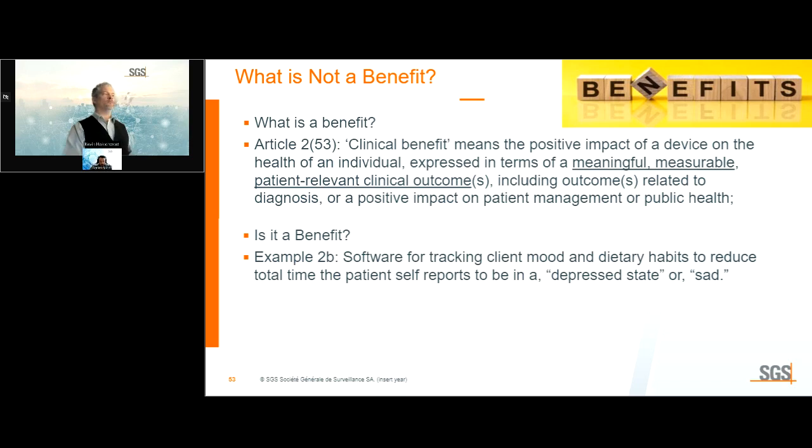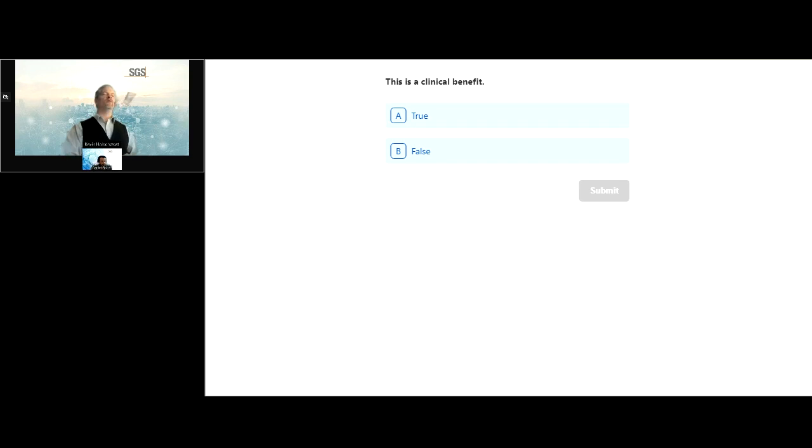So let's throw you another one. Now it's the same software, but it's got a little extra. Tracking client mood and dietary habits to reduce the total time a patient self-reports being sad or in a depressed state. So now is it a clinical benefit?